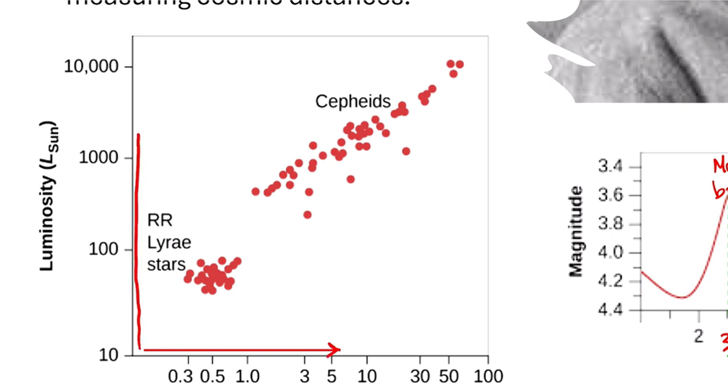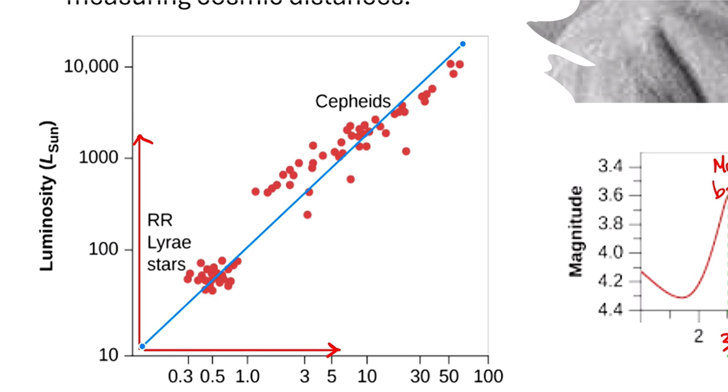And clearly by drawing a best fit line here, we can see a strong positive relationship between luminosity and the period.